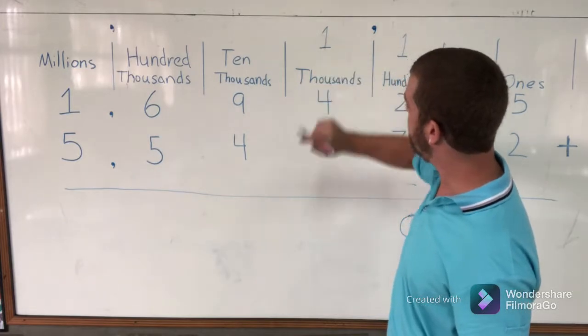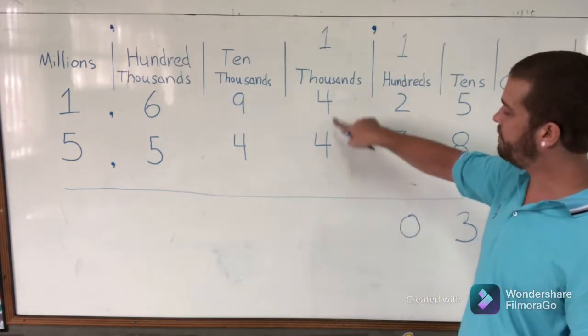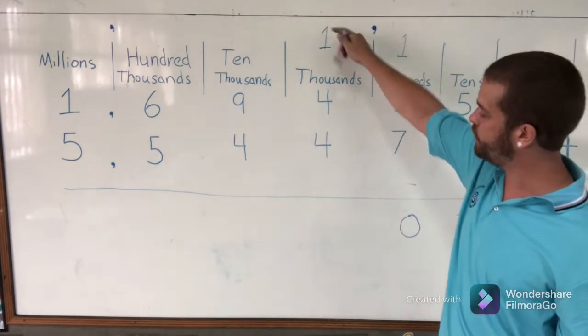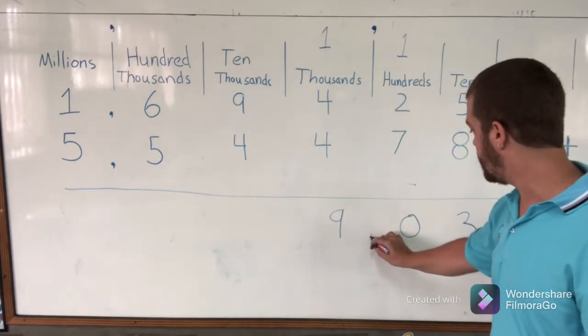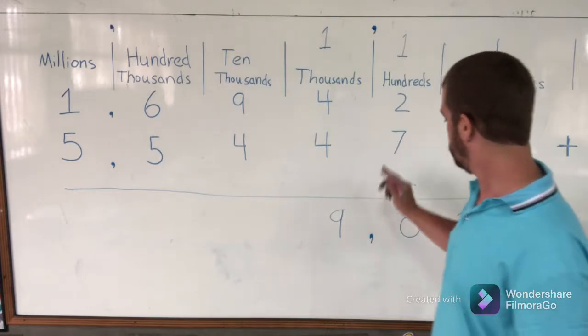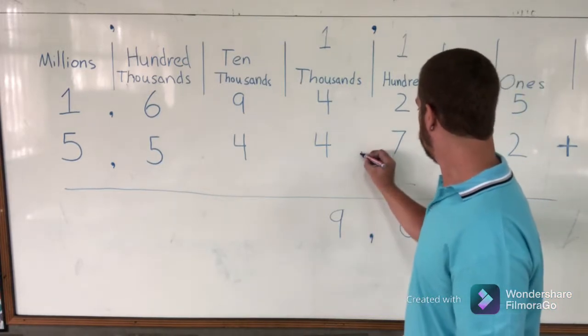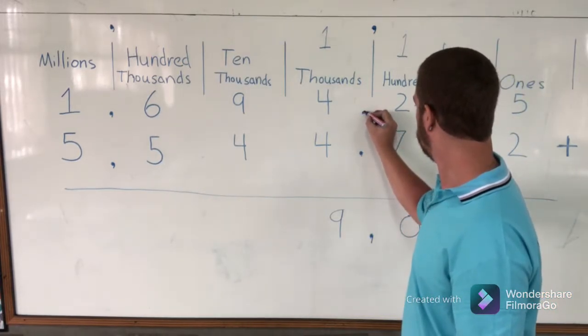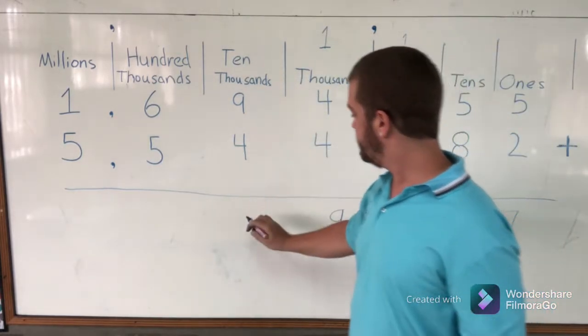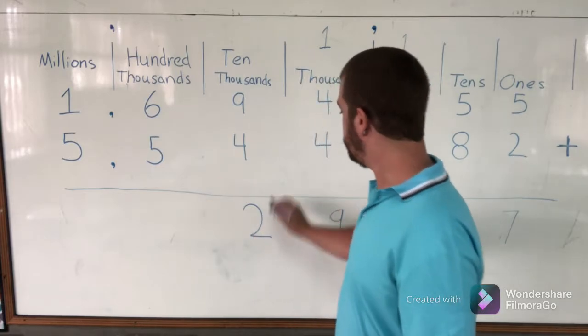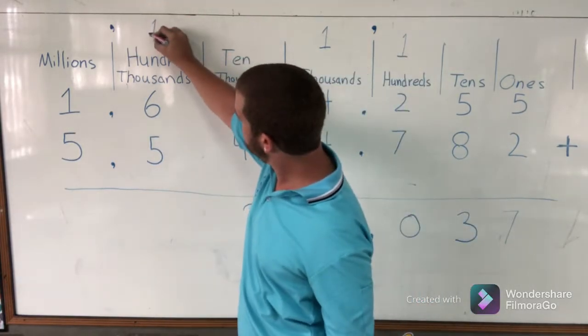Now we're in the thousands place. 4 plus 4 is 8. Plus 1 more is 9. Don't forget your comma. All right? 9 plus 4 is 12. Keep the 2, carry the 1.